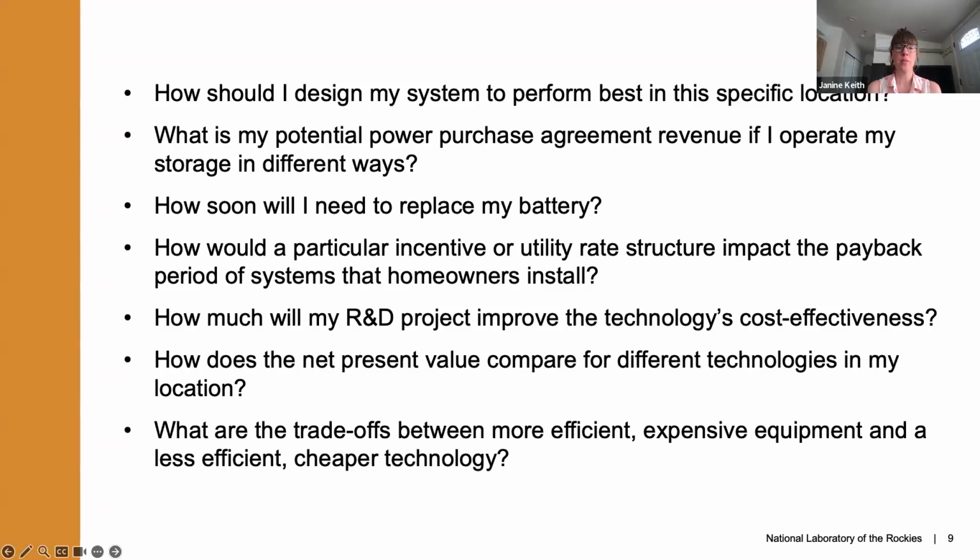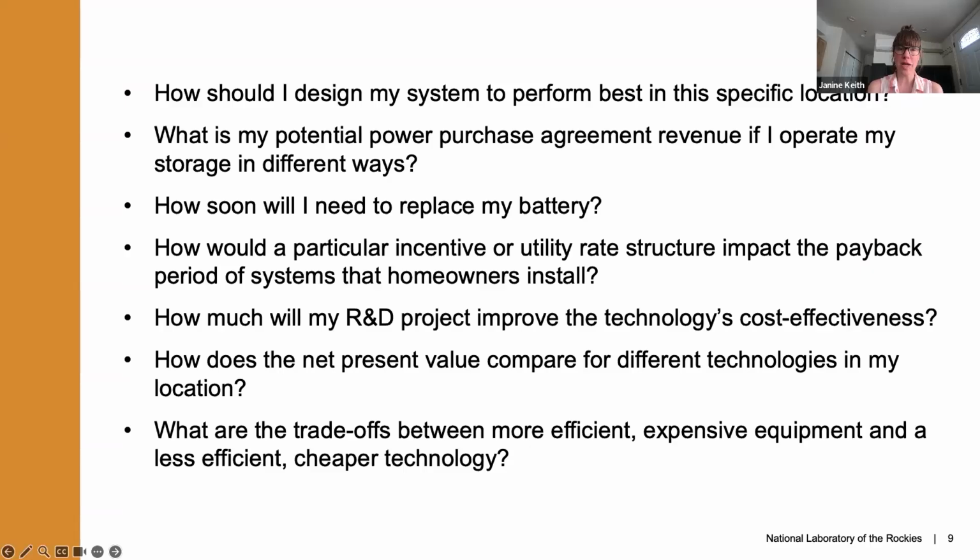There's also more on the behind the meter side. How would a particular incentive or utility rate structure impact the payback period for different kinds of systems that homeowners might install? Or even the research side, where, how will my R&D project improve a technology's cost effectiveness? Or how does the net present value compare for different technologies in my location?